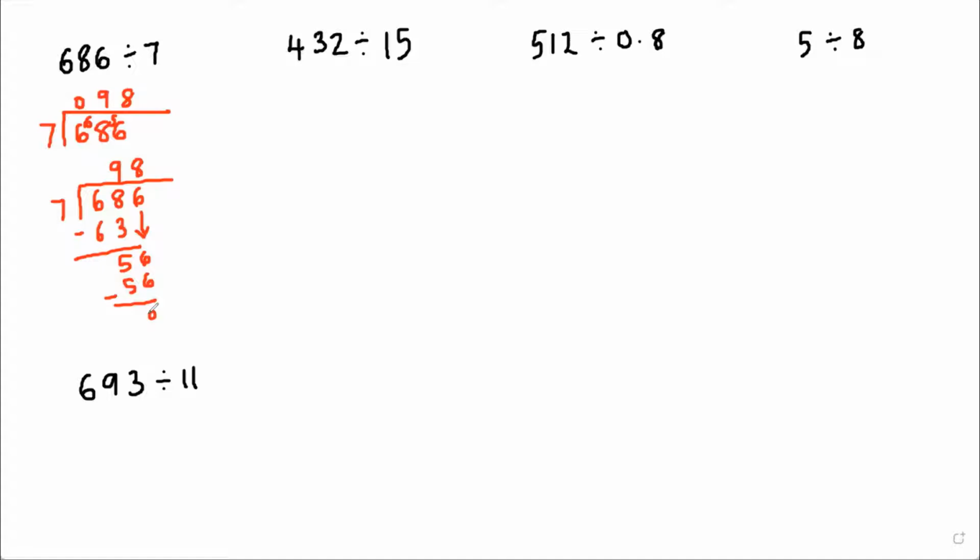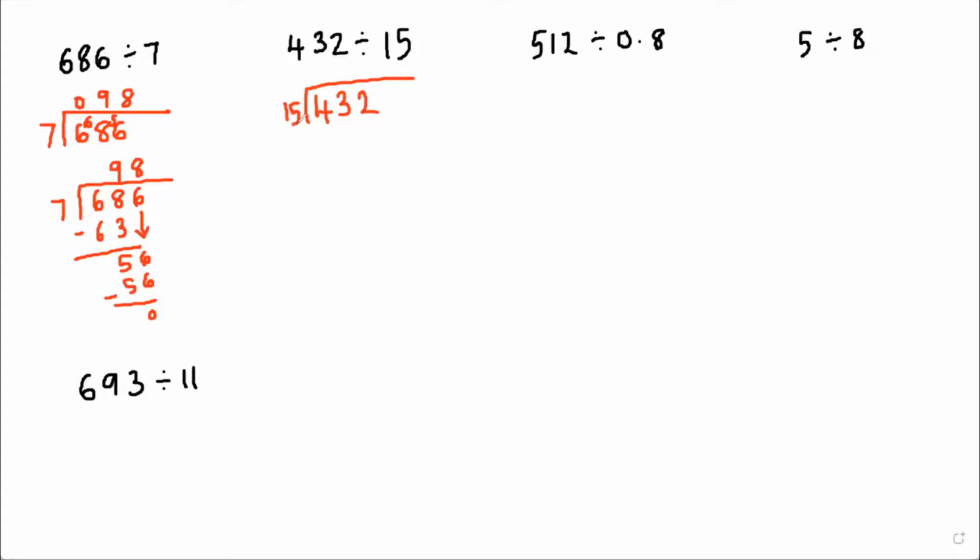Now, looking at dividing by 15 with this one here, again I'm going to set it up like a bus stop, and I'll do it both short division and long division. I'm also going to show you how to divide by factors here as well. So we've got 432 and we're dividing by 15.